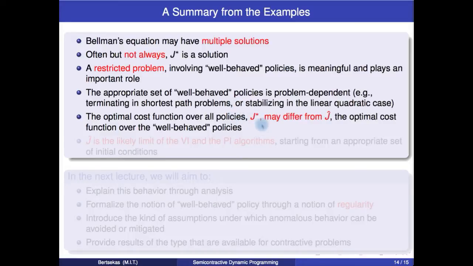And it turns out that in some of these examples, we saw that J hat is the likely limit of the value iteration and policy iteration algorithms, and not J star. There's also the complicated issue of figuring out the set of initial conditions from which value iteration and policy iteration work.